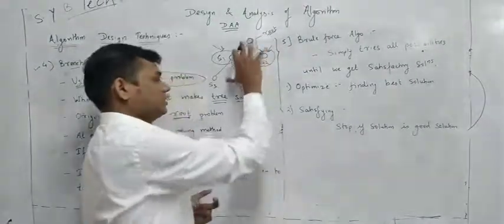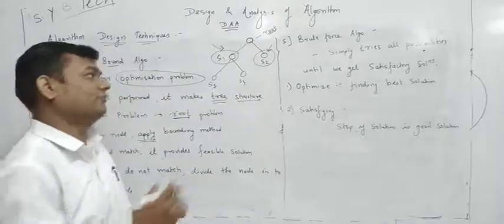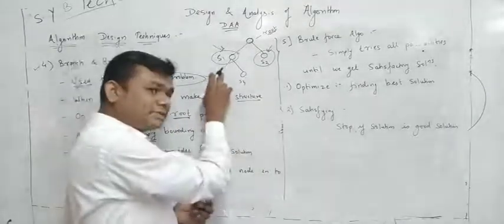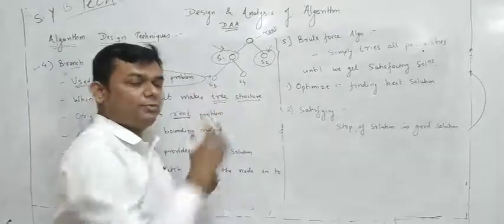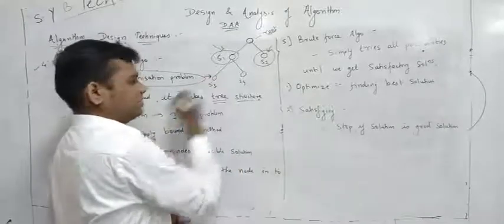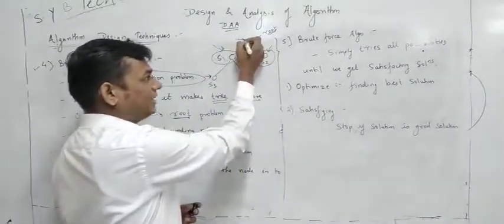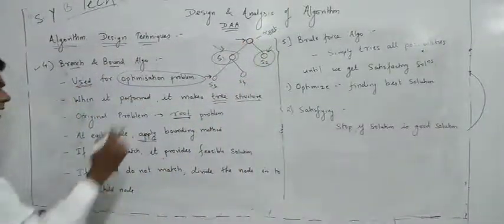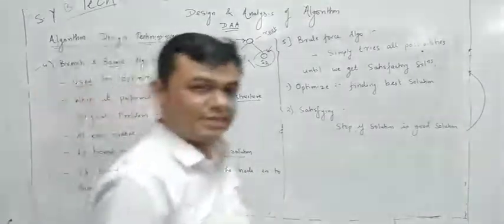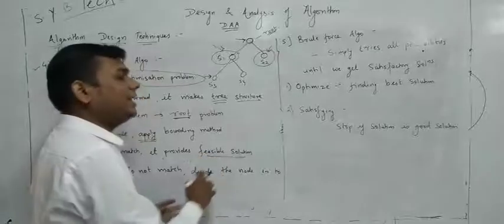That structure is called a tree structure, and we apply the bound again and again. If the bound does not match, we divide the problem into two sub-problems. Otherwise, if the bound is matched, we get the feasible solution, meaning the optimal solution.